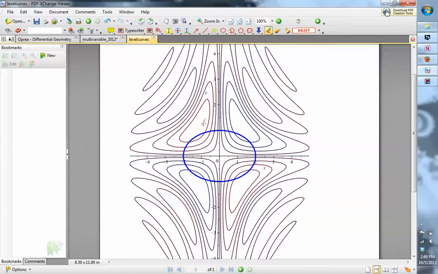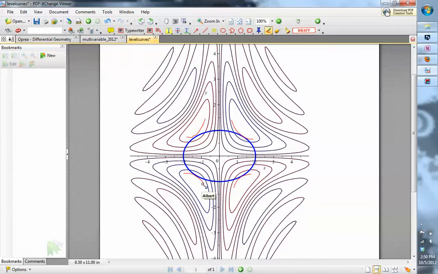There might be another level curve right there, and maybe one right there, and possibly one right in there. Are you getting the hint? These are not all of the level curves for this surface. It's just a sampling of level curves. There's actually an infinite number of them, and they fill up the whole plane. So what we're looking at here is just Maple's selection of level curves for this function.